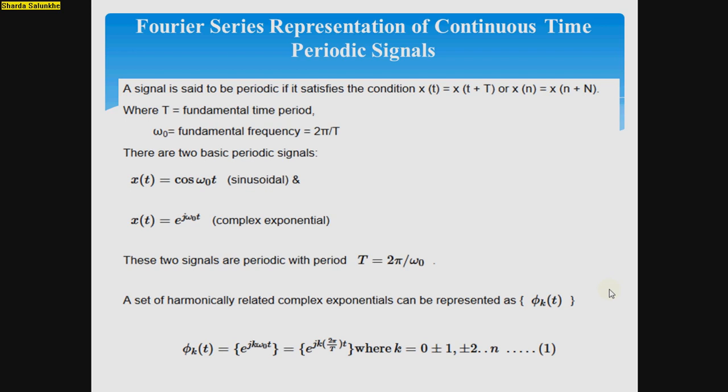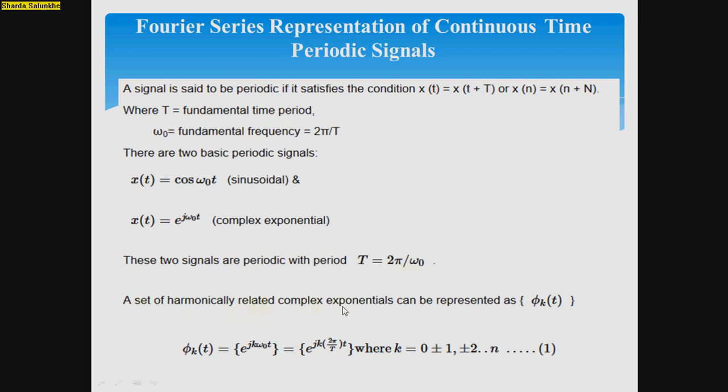There are two periodic signals. One is the sinusoidal signal and the second one is the complex exponential. A sinusoidal signal may be in terms of sine or cosine. Let us take x of t equal to cos of omega 0 t, and the complex exponential is e raised to j omega 0 t, where T is 2 pi by omega.